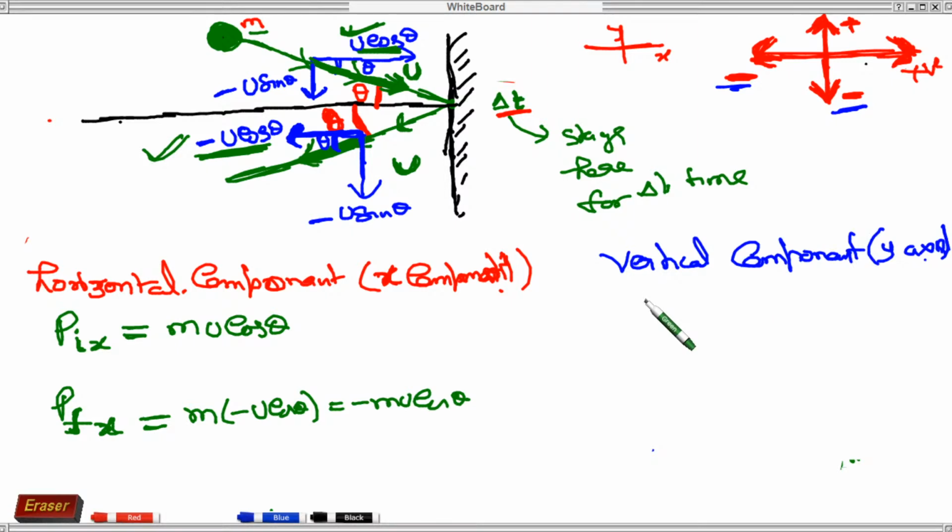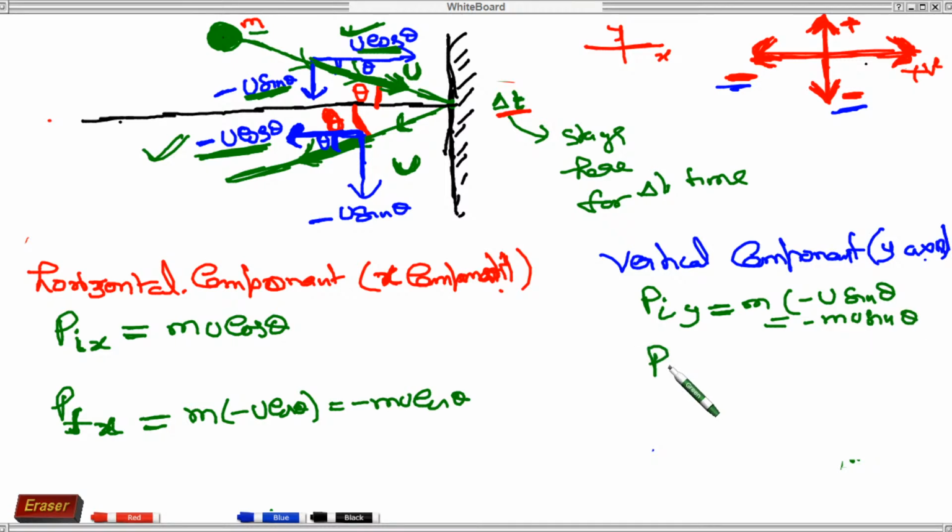What would be the initial component in the y direction? So we are considering this part. What is it? m into minus u sine theta is equal to minus mu sine theta.